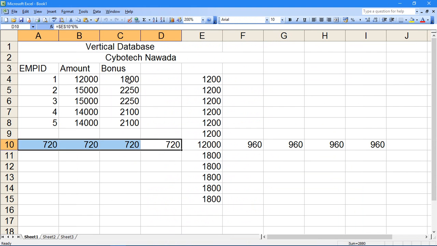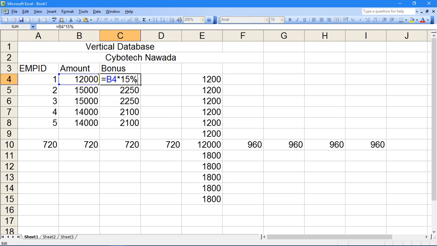Suppose I have prefixed the name of the column by the $ sign as well as the row number by the $ sign, and then copy it downwards, then the result is wrong. So in this particular case the relative addressing mode is beneficial, but the absolute addressing mode is not beneficial.